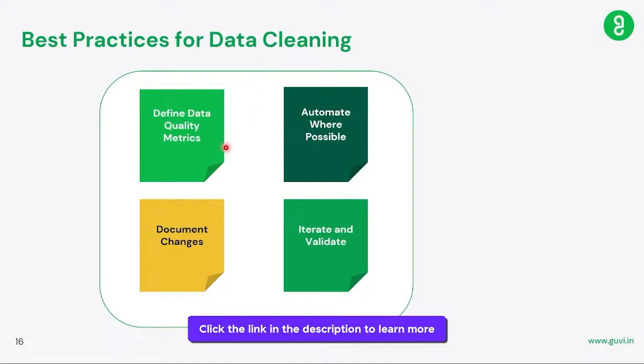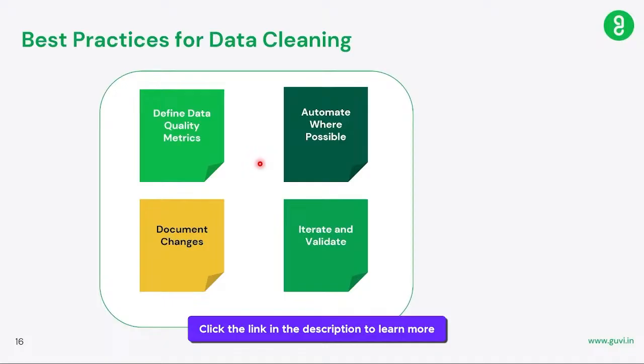I have taken 4 key steps here: defining the data quality metrics, automate wherever possible, document the changes, iterate and validate. Now let's see what defining data quality metrics means. One of the foundational best practices for data cleaning is to establish clear data quality metrics and standards.